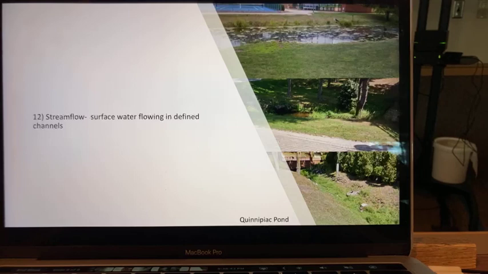And 12, stream flow, surface water flowing in defined channels. This is the Quinnipiac Pond by the gym up top. And then the middle picture is by the Commons Bridge, and so is the last one.